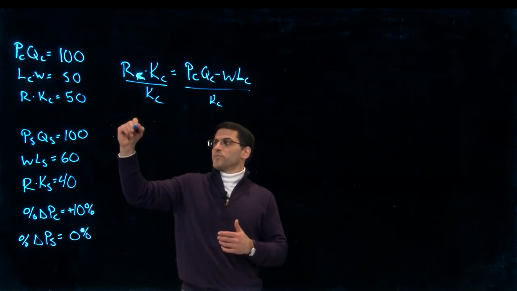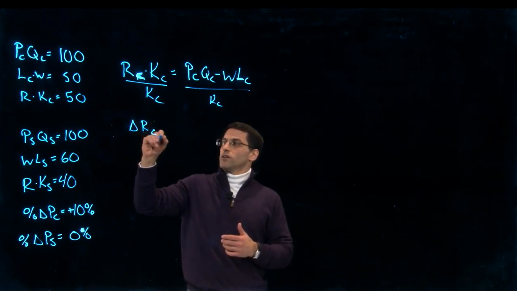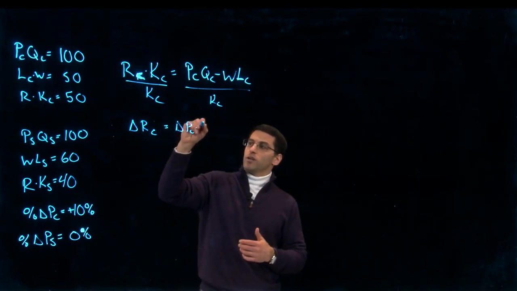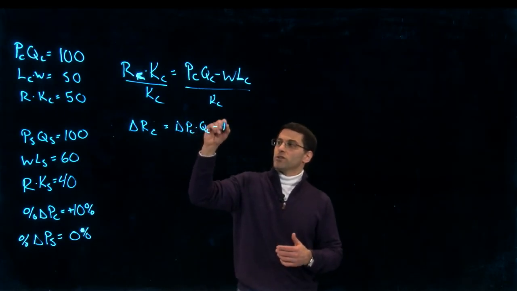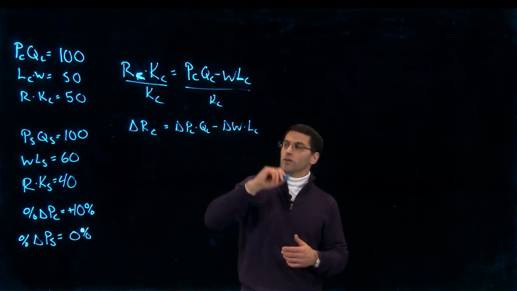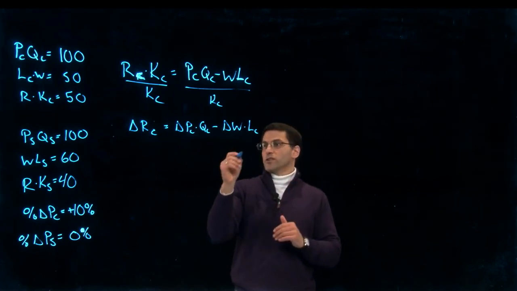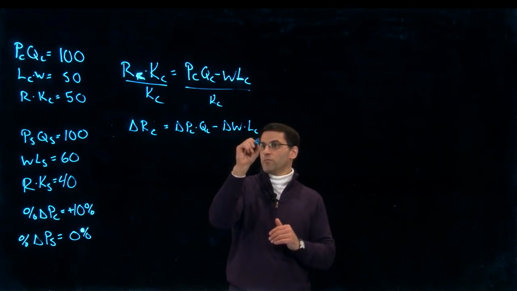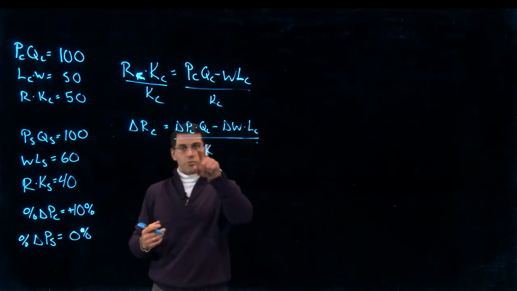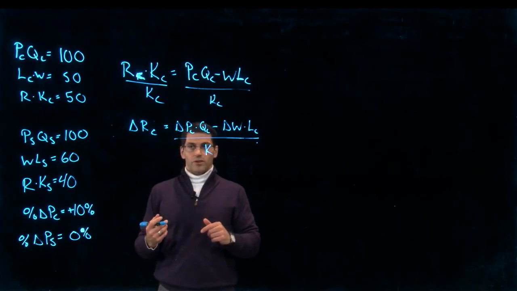And so we said, well, you take this as the change in the rental rate in computers is equal to the change in the price times that quantity minus change, right? We did changes for all of our dollar values, our prices, and divided that through by K. And as a next step, we want to convert these into percentage changes, right?